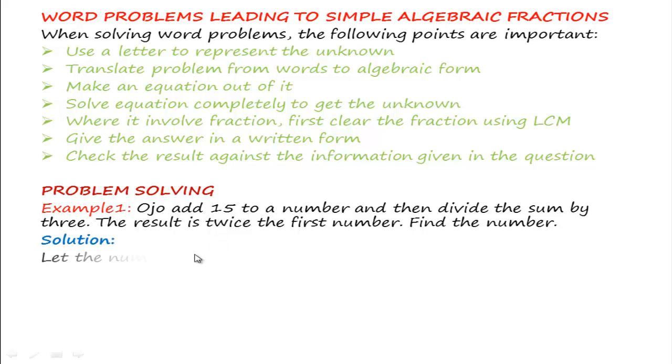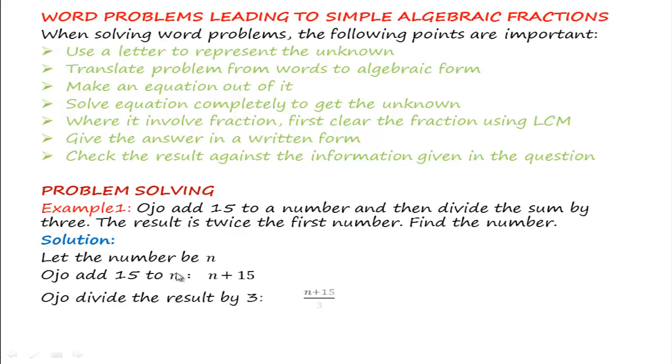Now solution. Let the number be n. We don't know the number, but let's represent that number as n. You can as well represent the number by any alphabet that you want. Now Ojo adds 15 to that n. That is, it's going to be n plus 15. After that, you divide the sum by 3, which is now going to be (n plus 15) divided by 3.